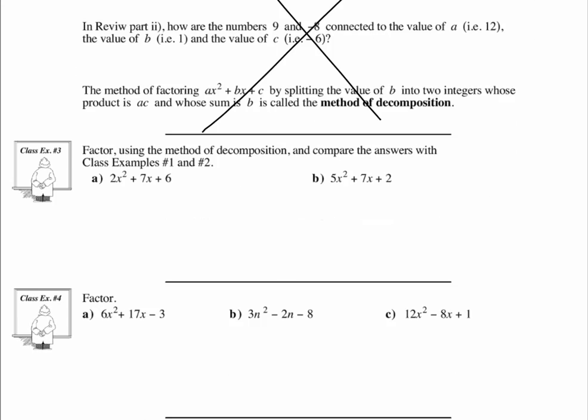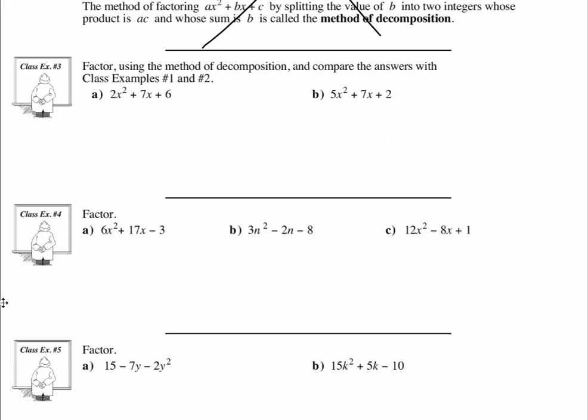So in the homework, if they ask you to factor by decomposition or factor by grouping, just ignore it. Okay. We'll just go ahead and factor the way we normally. If we stick to the same method every time, it's nice to be consistent, right? Instead of learning all these different methods.